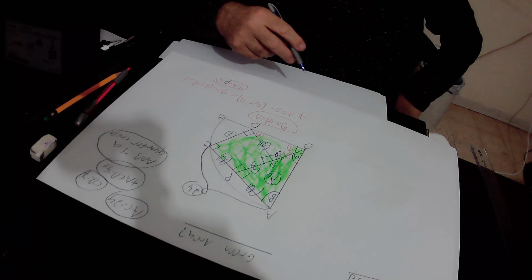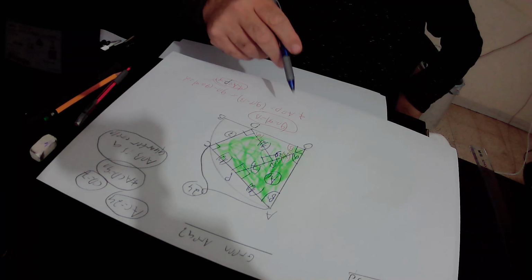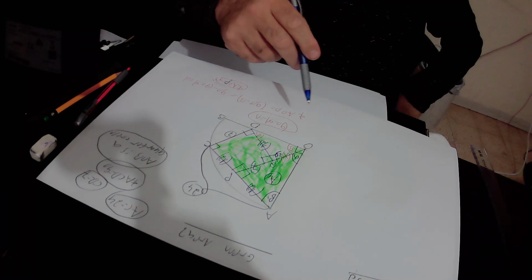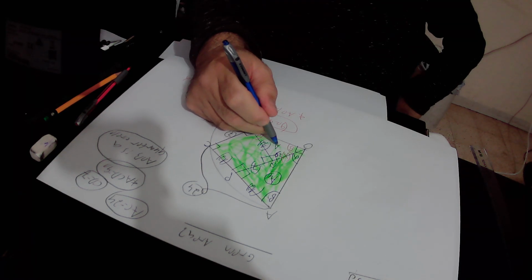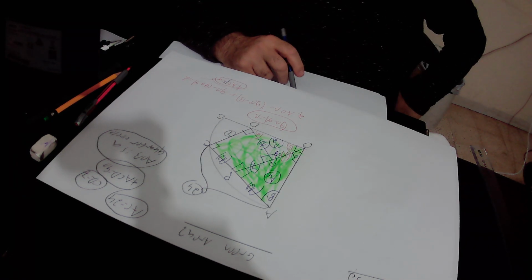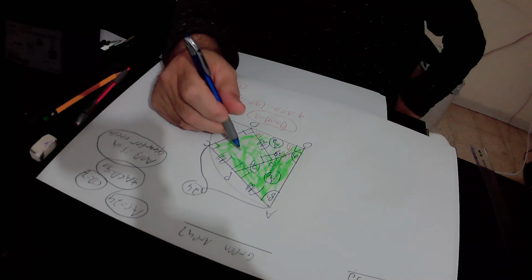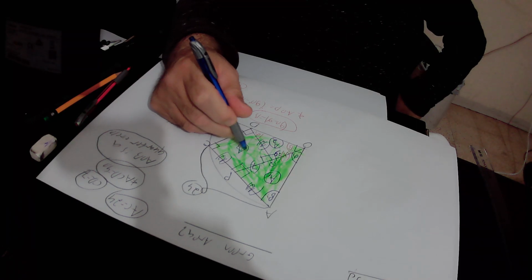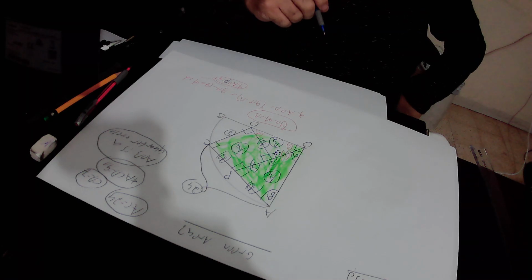The second part is the area of the right triangle OQD, which we define as A2. And finally, the third part is the area of rectangle QPCD, which we define as A3. It is obvious that the area of the green shape equals A1 plus A2 plus A3.